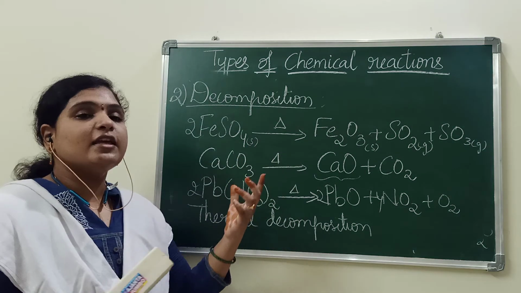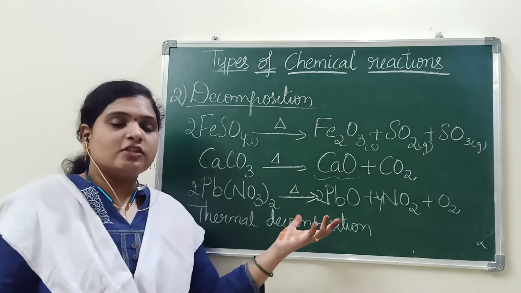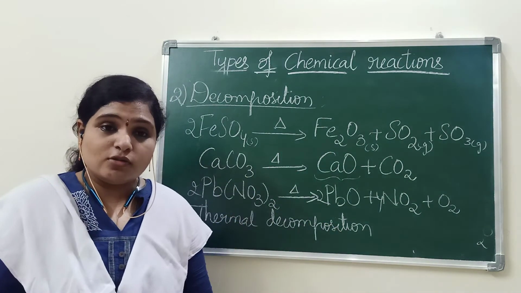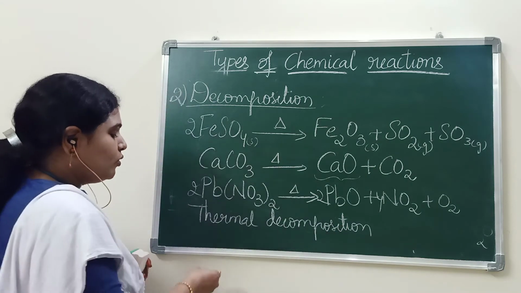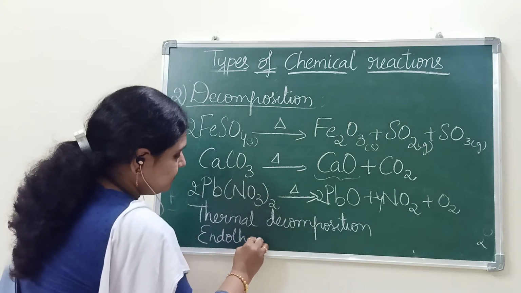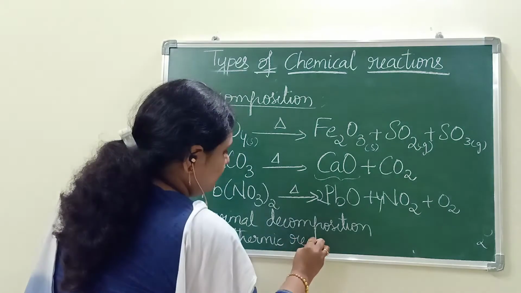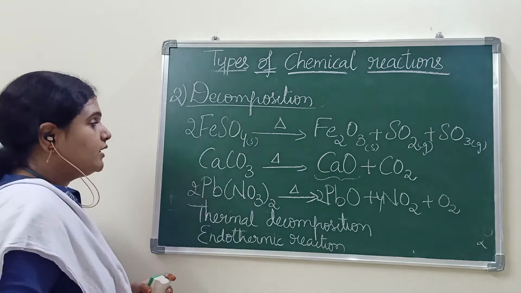Here we are supplying it in the form of heat. Heat energy is required for the reaction to proceed. So this is also called an endothermic reaction. This is one type of decomposition reaction.